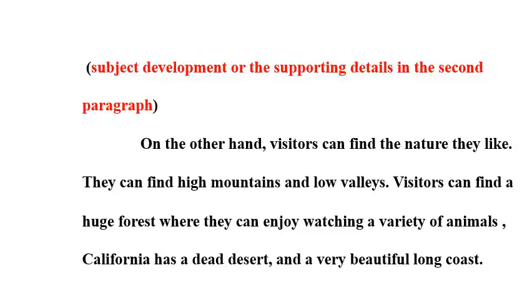Visitors can find a huge forest where they can enjoy watching a variety of animals. California has a dead desert and a very beautiful long coast. So here we supported the idea of the beautiful landscape of California. We used the same phrases in our outline or in our plan.